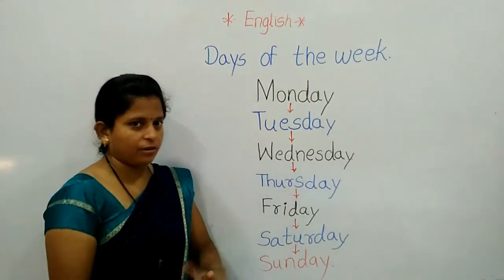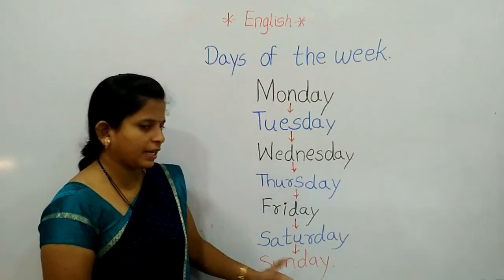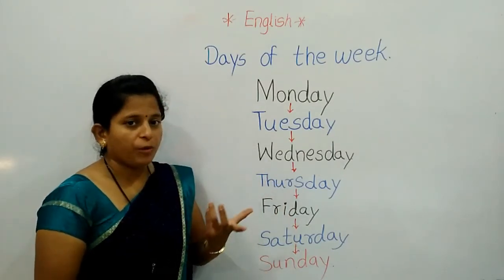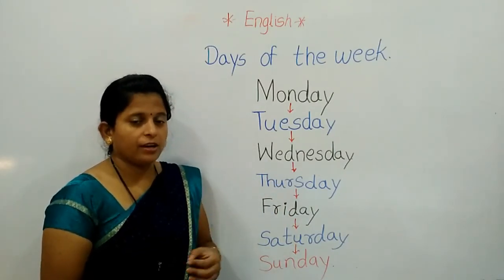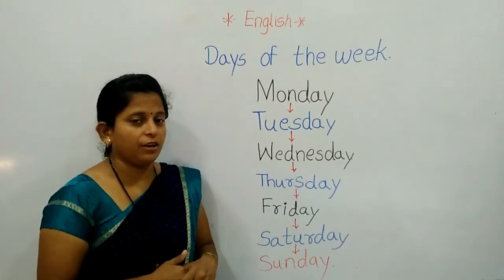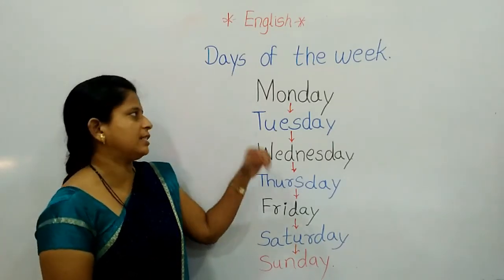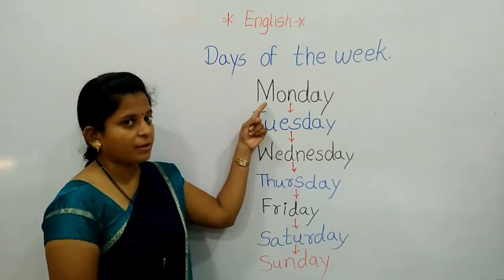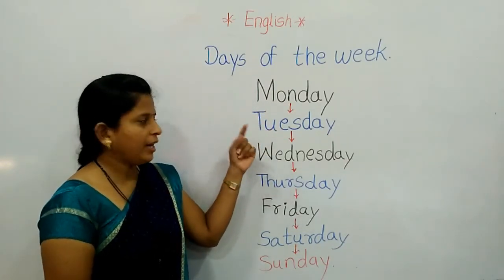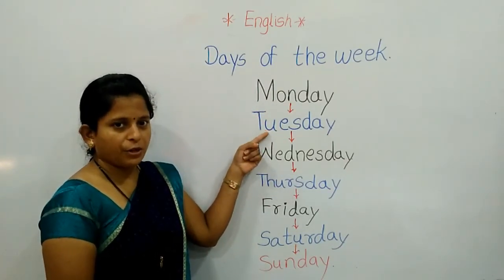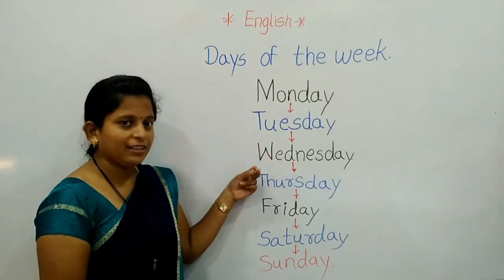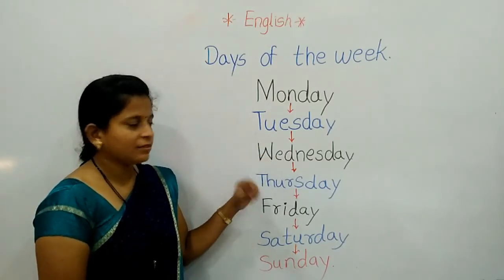Again see the words, Monday to Sunday. How many days are there in a week? There are 7 days in a week. So which are these? Now let's again see. Monday. After the Monday, Tuesday. Then Wednesday.